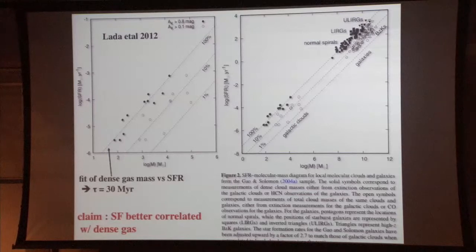And they argue that, in fact, the star formation rate, determined from the number of YSOs, is better correlated with the dense gas than with the less dense gas. But the correlation, it's a little better, obviously, but not all that much better.